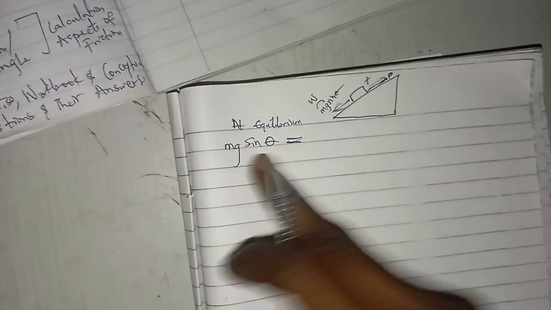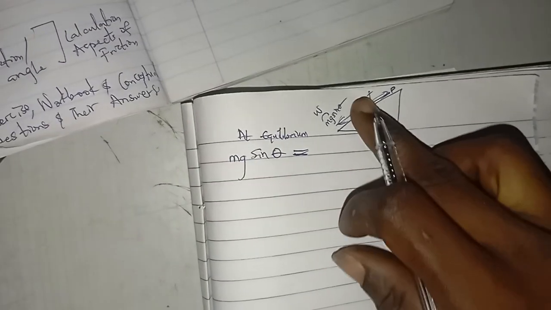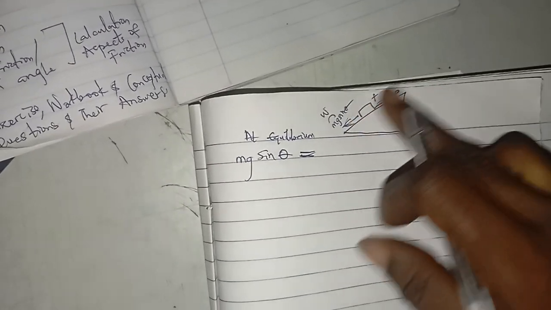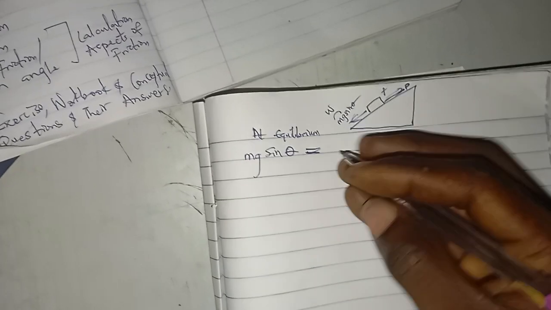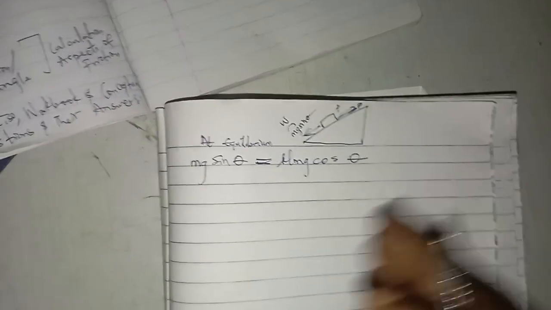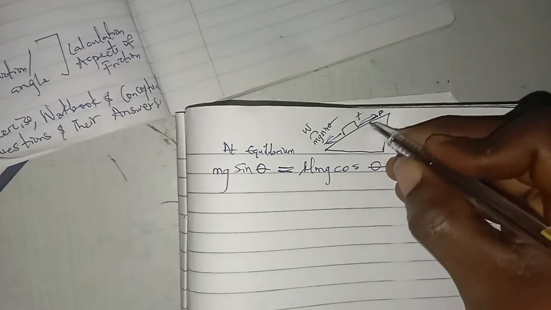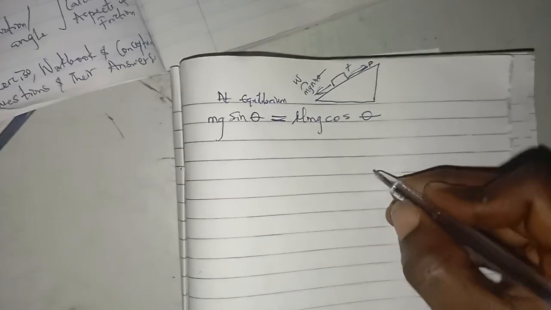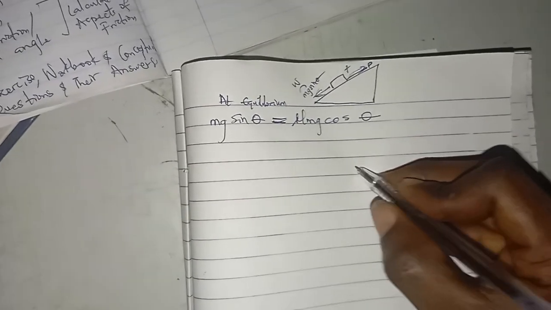Mg sin theta will now be minus the frictional force that will be going in the opposite direction, which is the same thing as saying equals to mu mg cos theta. But in a situation where you are taking note that there is a pulling force dragging it, this is actually supposed to be this way.